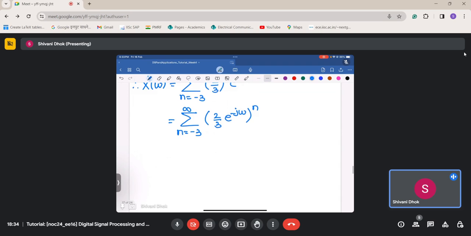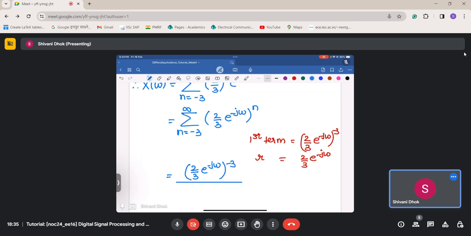Again, this is an infinite geometric progression, but now the first term is 2 by 3 into e power minus j omega to the power minus 3, and common ratio is 2 by 3 into e power minus j omega. So therefore this thing is equal to first term, which is 2 by 3 into e power minus j omega to the power minus 3, upon 1 minus 2 by 3 into e power minus j omega.